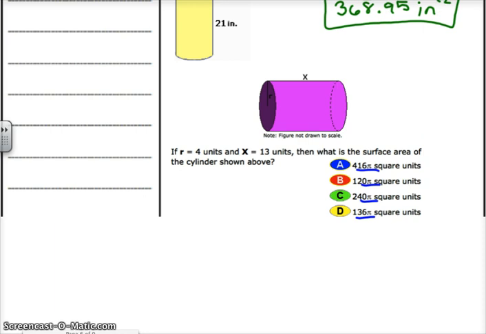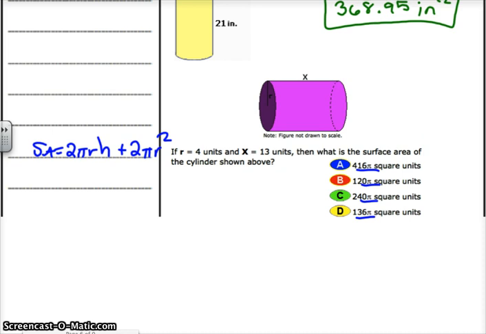Watch how I apply that. First off, I know surface area is 2 pi r, that's the circumference, times my height, perimeter of my prism times height, plus 2 times the area of my base, which is pi r squared.